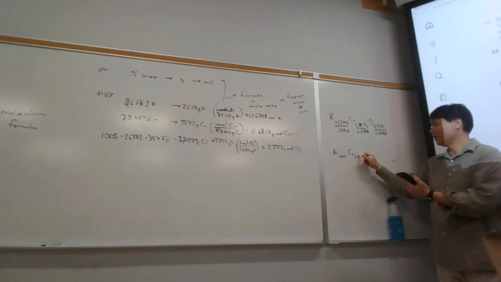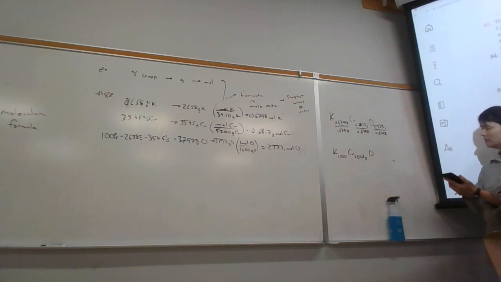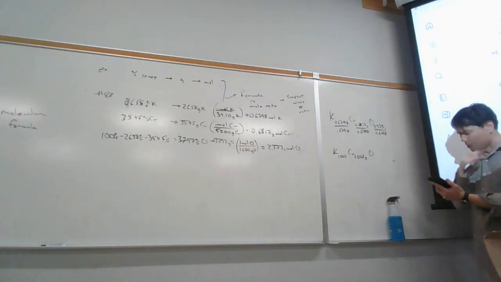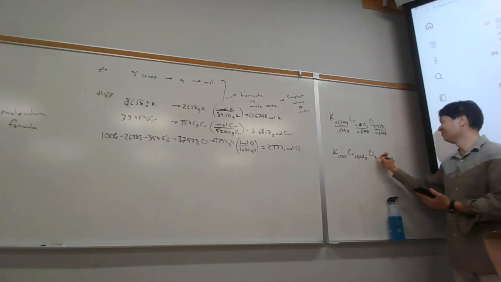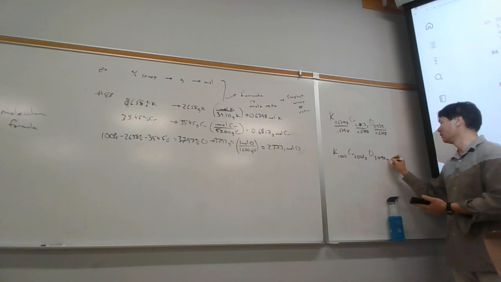Chromium comes out to 1.0028. Oxygen, 2.3731 divided by 0.6798, 3.4909.